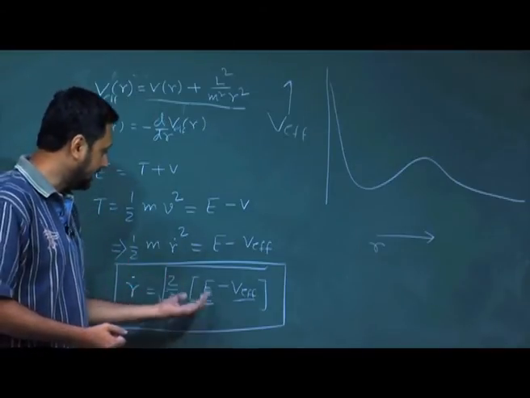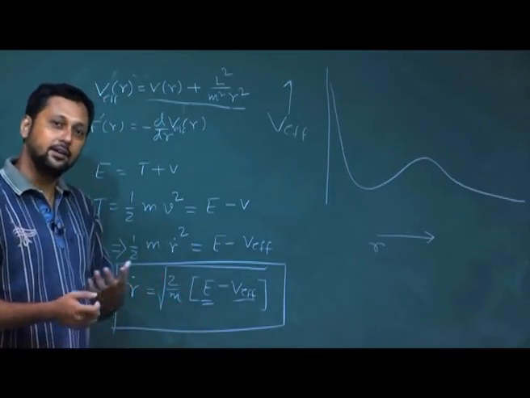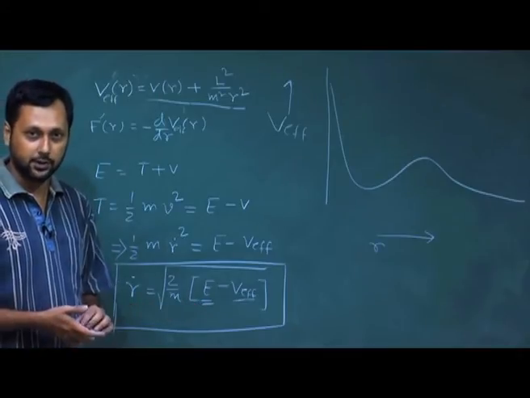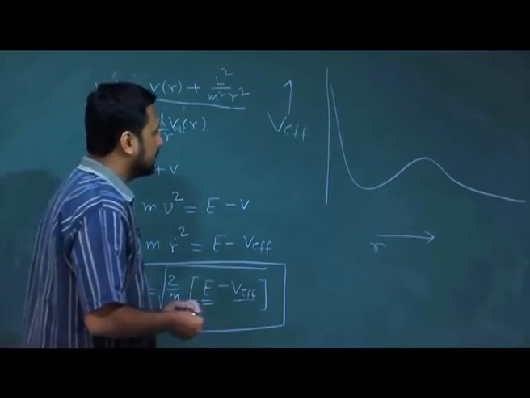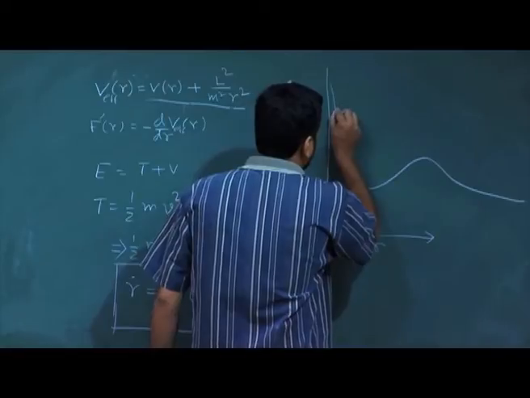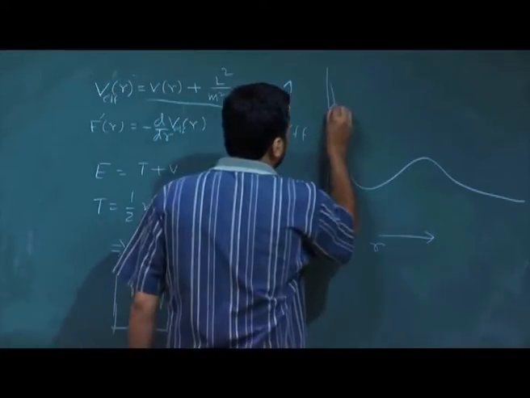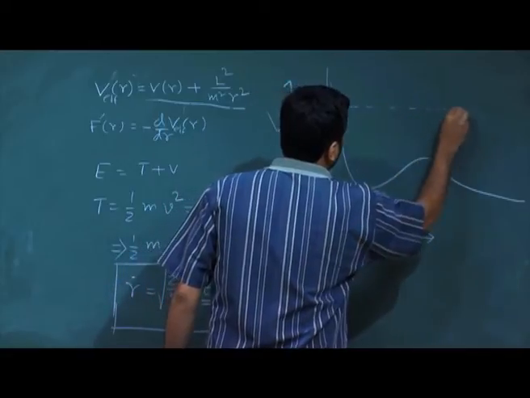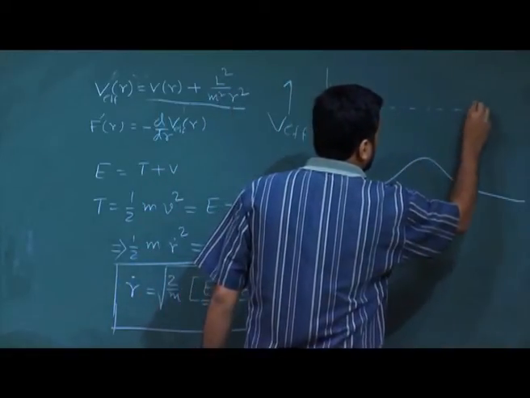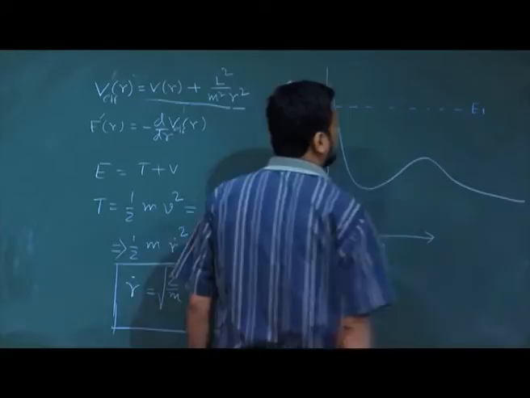Once you set the initial energy, the energy will remain constant throughout the motion. So, let us assume a situation where we have set energy at this particular level, let us call it E1.